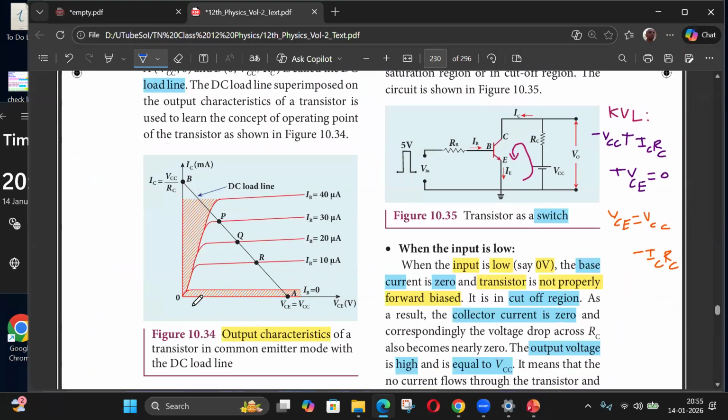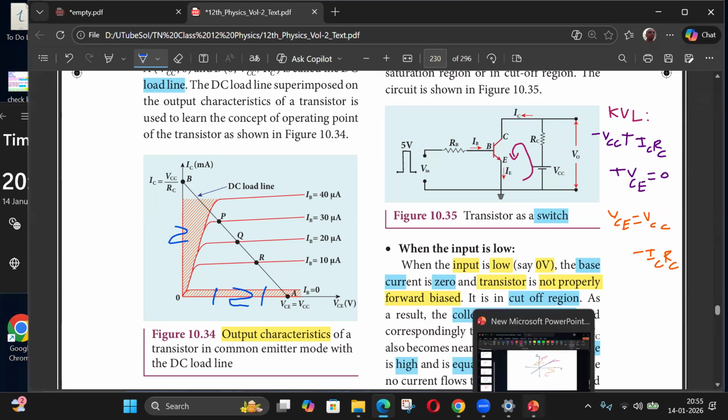So that's why you have to operate this transistor. I can change the VCE in this region about this point Q. If I change, I'll get a corresponding sine variation in this output also. So that's why you have to choose this. This Q is called the operating point.